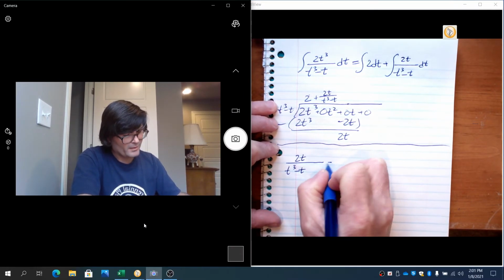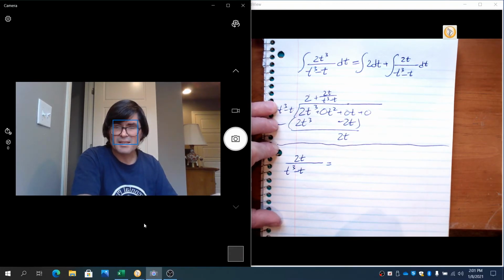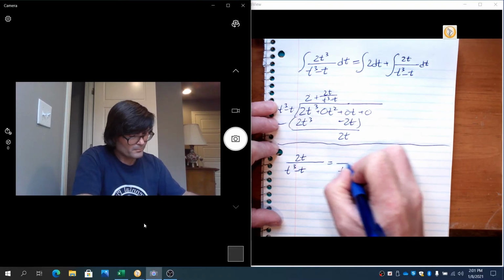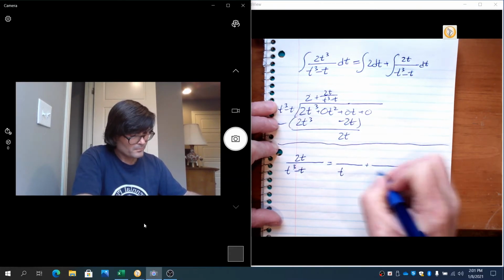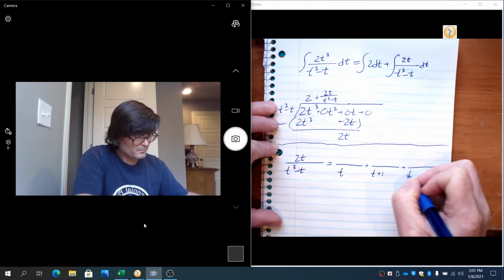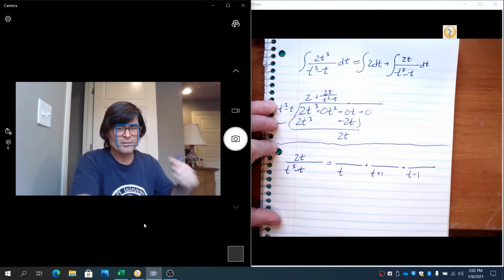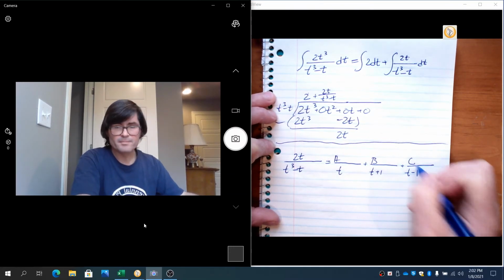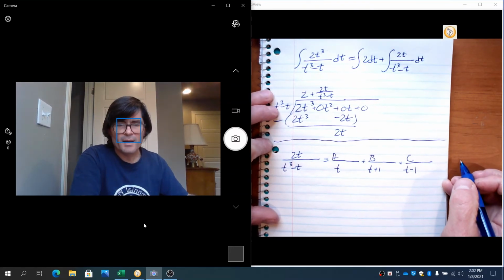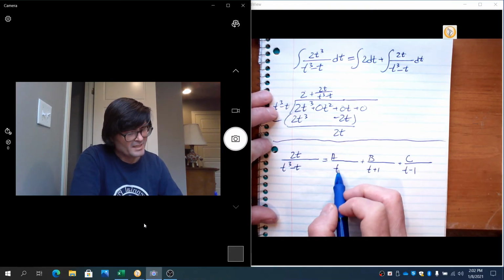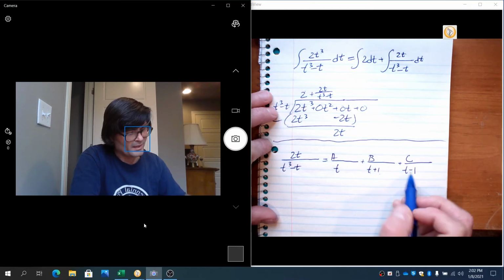I'm going to write that. That factors into t times t plus 1 times t minus 1, by the way. We'll have A, B, C. So to start making this happen, the t needs to be multiplied by t plus 1 and t minus 1.